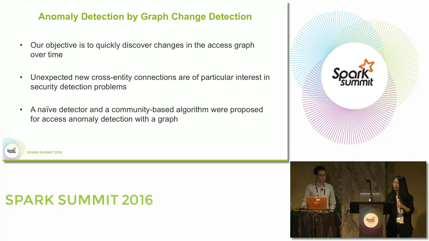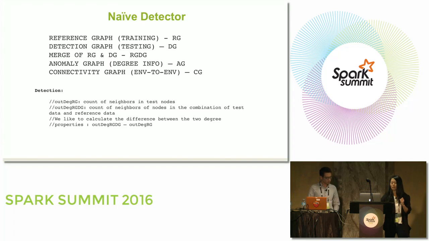So we'll talk about two algorithms. One is a naive detector, very simple, and one is a community-based algorithm for such a detection job. Very quickly, a few notations. We have a reference graph, which is training data where we encode all the trusted connections, the connections we know we can trust.